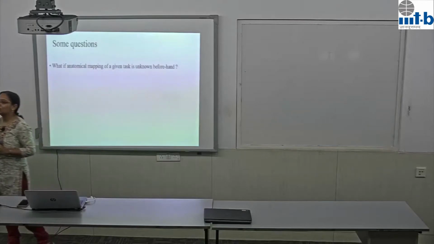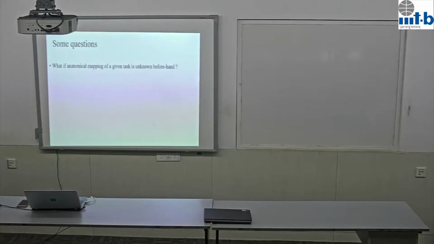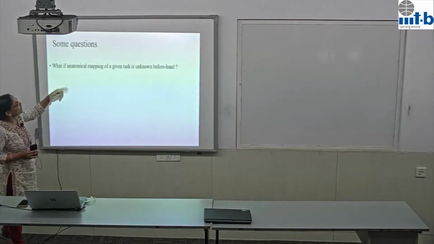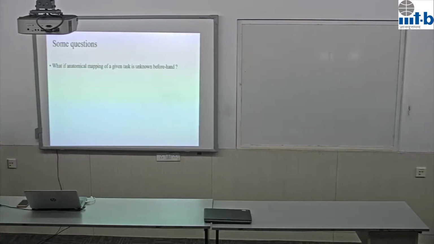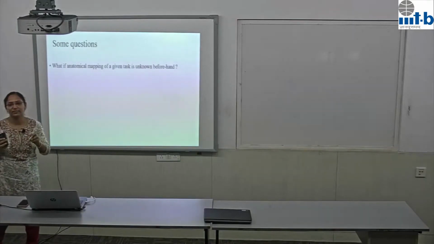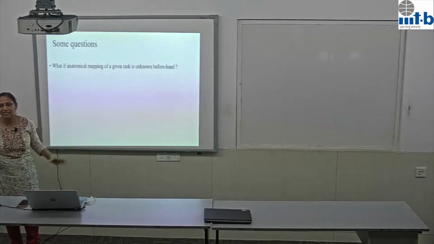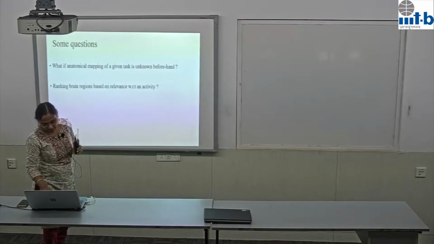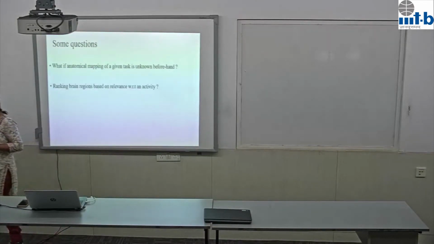My first MS students worked on this problem, and some of the questions that we tried to answer then, way back in 2012: what if the anatomical mapping of the given task is unknown beforehand? If you don't know, you don't even know where to look for it. It's a very vast search area. And can you rank brain regions with respect to relevance?